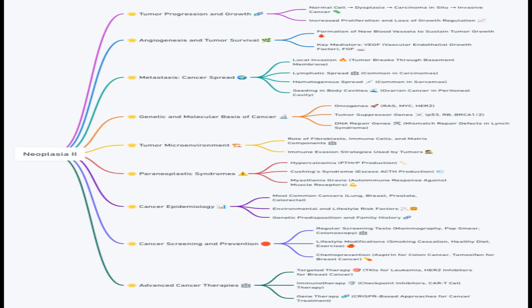The third point you have to remember is the pleomorphic nuclei and hyperchromasia. So the tumor cells exhibit nuclear pleomorphism, variations in size and shape, and hyperchromasia, which is dark staining nuclei, which indicates high mitotic activity and malignancy.